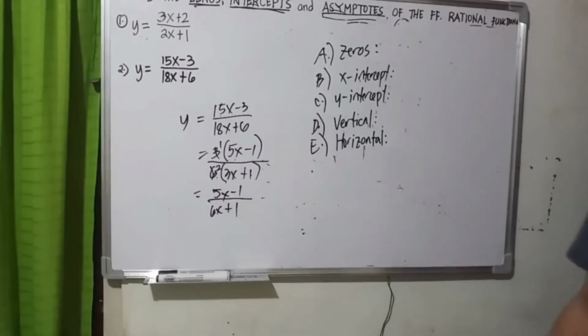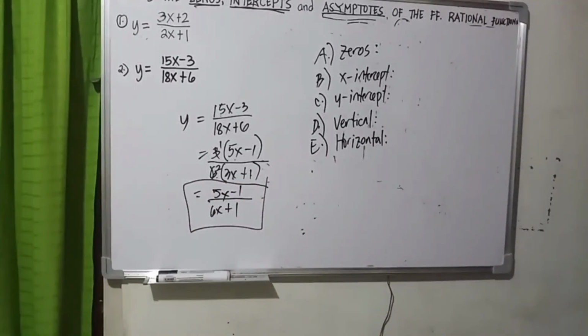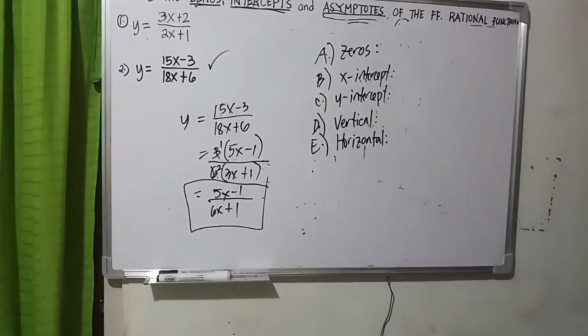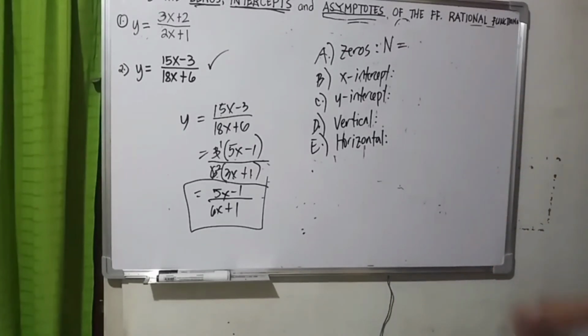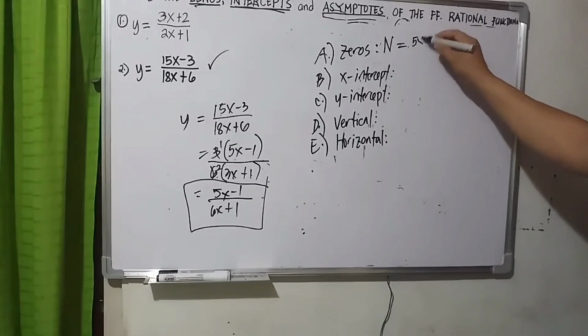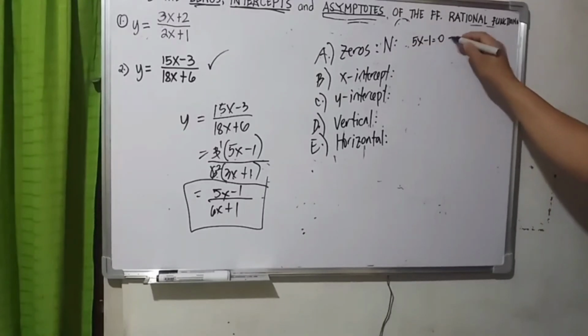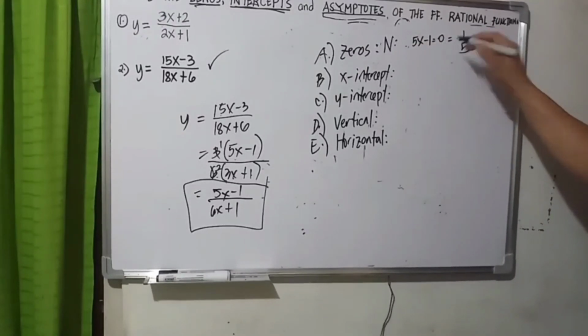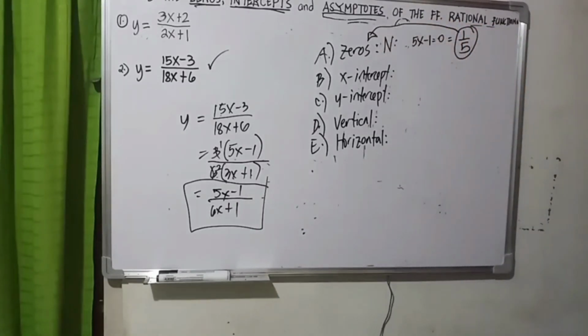Ito na yung lowest term or the factored form of the given rational function. So, ano yung value ng zeros natin? Naka-base tayo sa numerator. Ang numerator is 5x minus 1. Equate natin yan sa 0, so that is 1 over 5. That is the zeros of the given function.